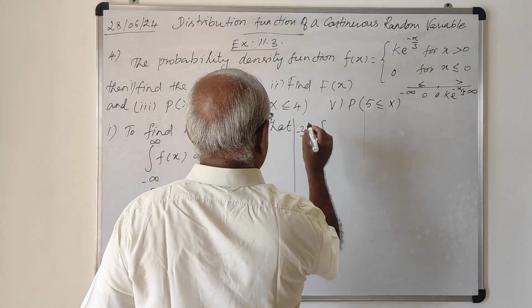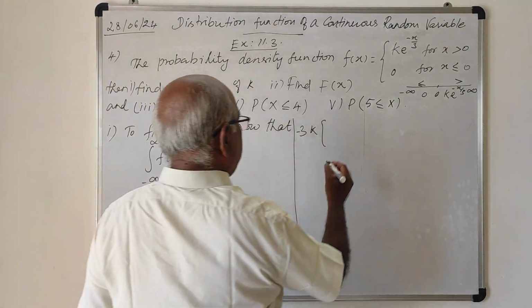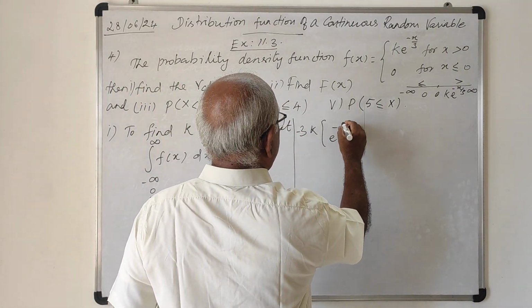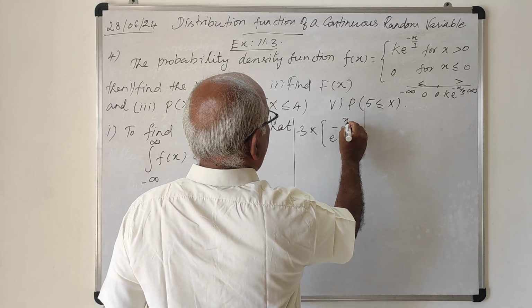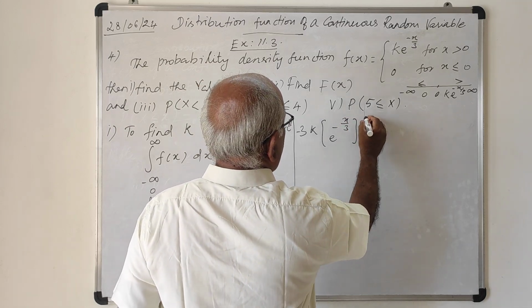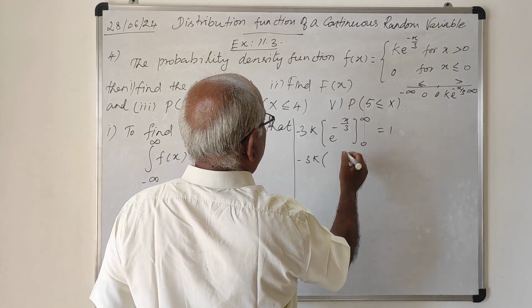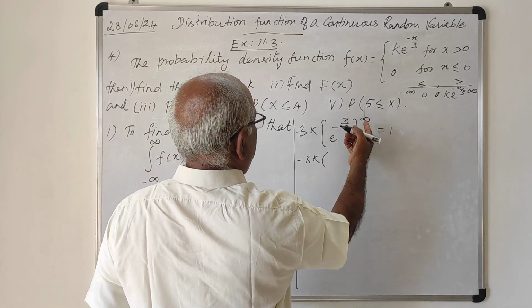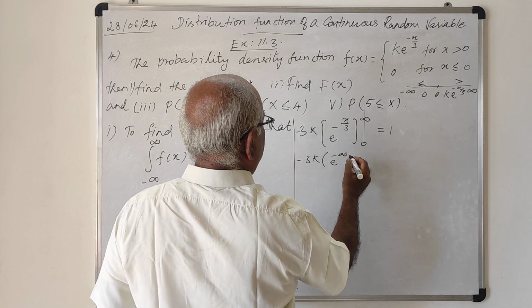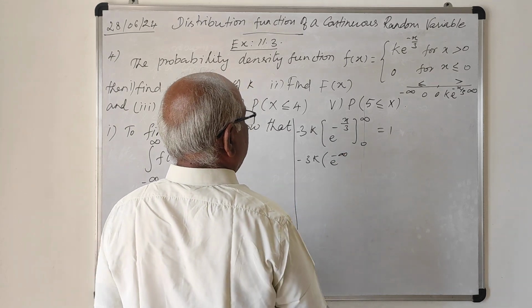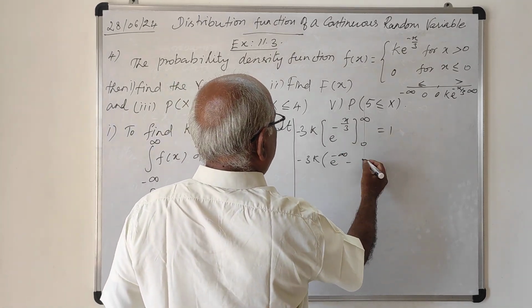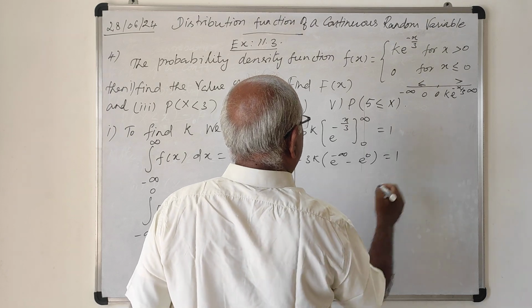You can take the minus also outside: minus 3k e power minus x by 3 from 0 to infinity equals 1. Minus 3k, first we give the upper limit, x equal to infinity, e power minus infinity, minus the lower limit, e power 0, which is 1.